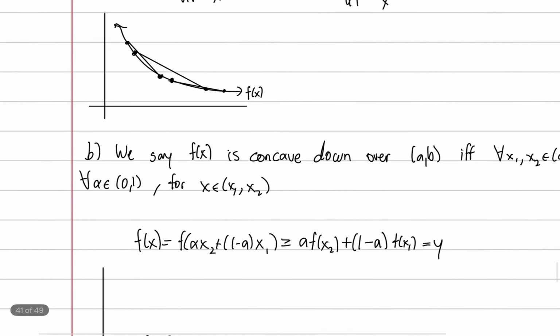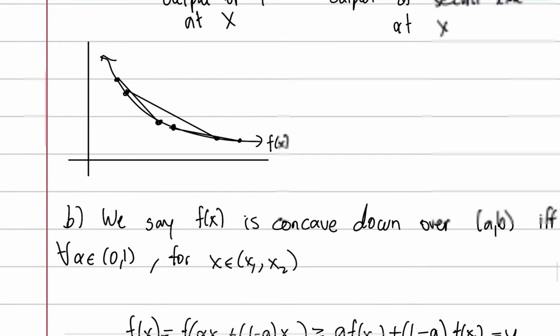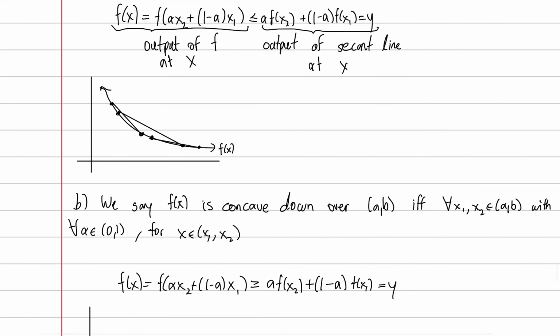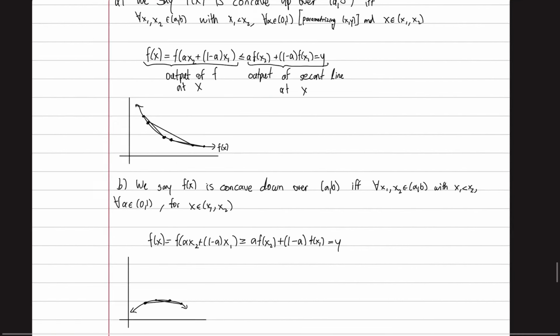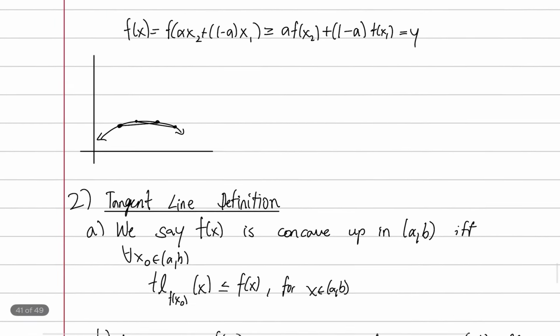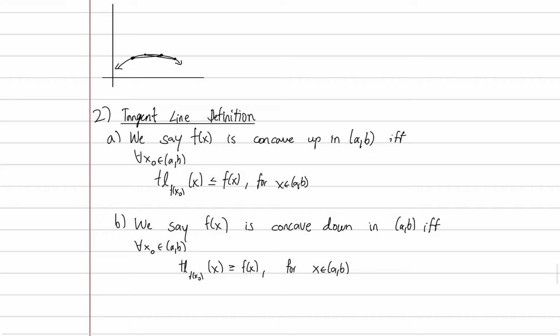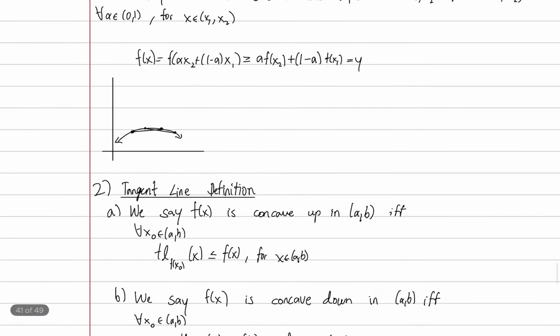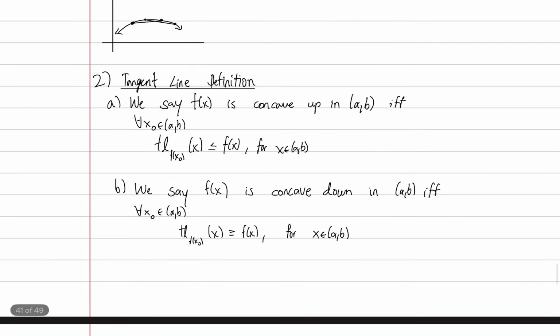Now, geometrically, if we draw any secant line, it will be above the graph, or at least never below the graph. However, if it's concave down, then it will always be below the graph, never above. The second definition is the tangent line definition, and it says that f is concave up if all the tangent lines lie below the graph, or concave down if all the tangent lines lie above the graph.